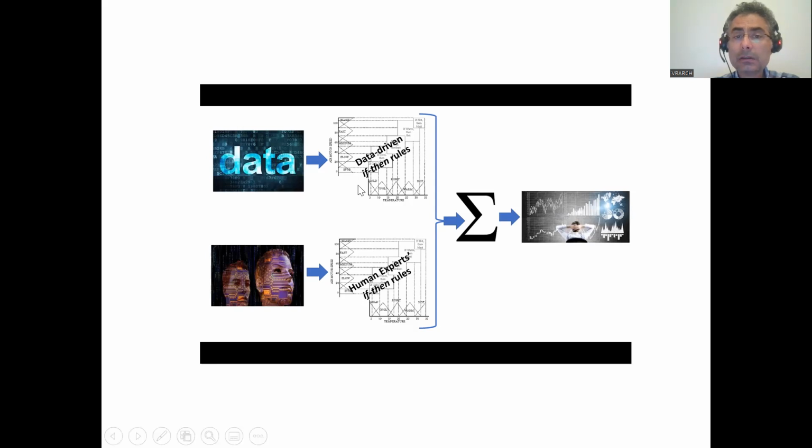So sensor data can be modeled using data-driven if-then rules, and the historical information from architectures or historians could be used to develop human-expertise-based if-then rules, and you can use both to come up with interesting applications. So I think now it is up to you to develop such systems and make it work.